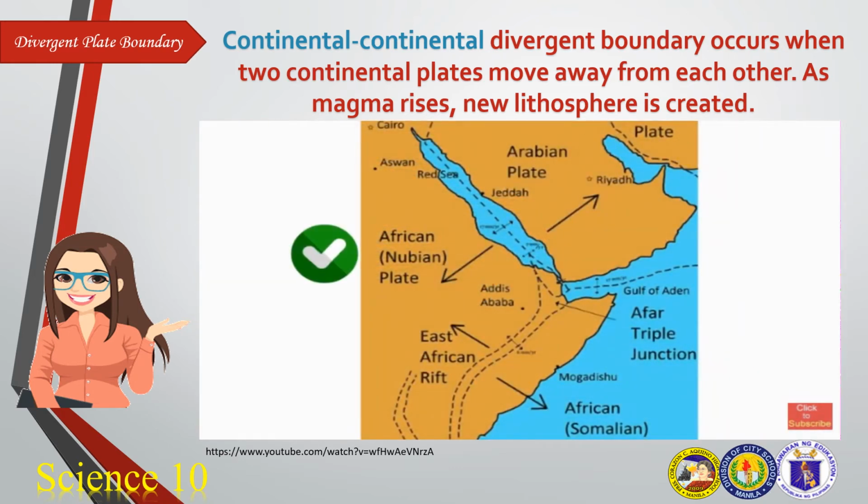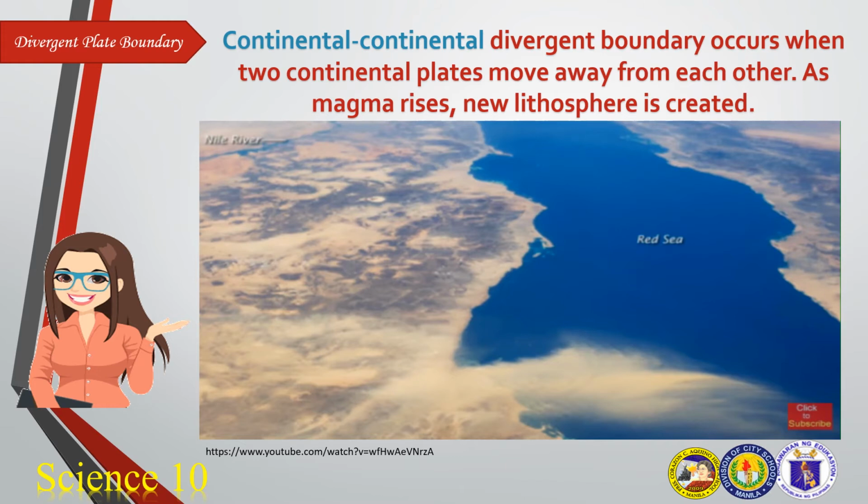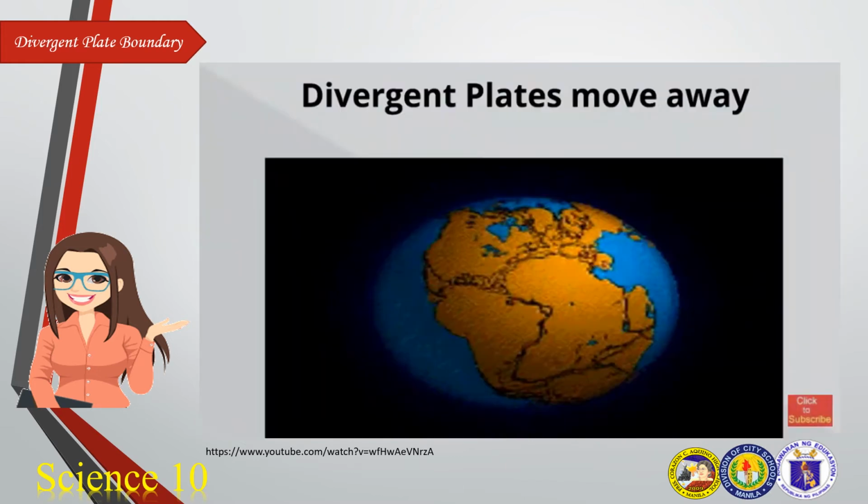Here, the African plate and the Arabian plate move away from each other, and as a result, the water from the Gulf of Aden moves into the gap and created the Red Sea. Always remember, divergent plates move away.